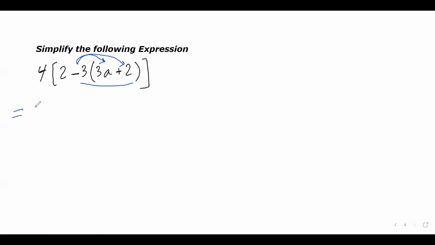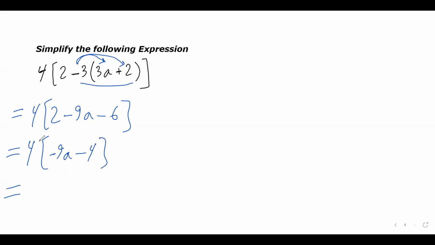So this equals 4 bracket 2, negative 3 times 3a, that's negative 9a, negative 3 times 2, that's negative 6. And then close that bracket. Okay, what's next? Let's simplify this bracket first. So 4 bracket, I have negative 9a, 2 minus 6, that's negative 4.